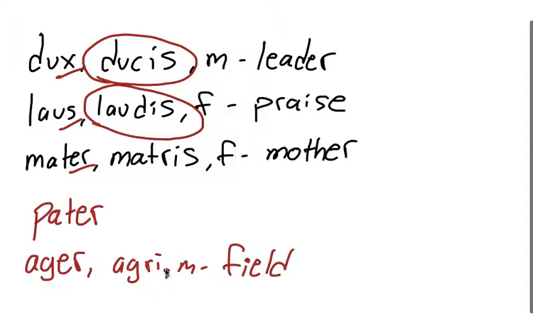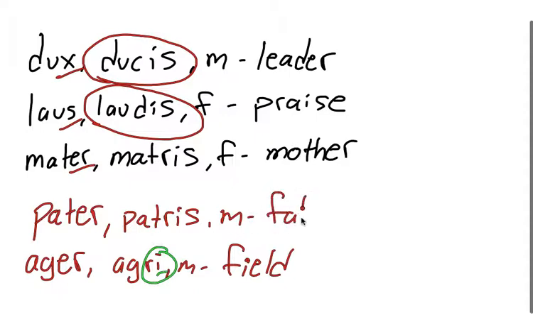And how do you know it's second declension? Well, you know that its genitive singular ends in an I. So that's second declension. But pater is pater, patris, masculine, father. So even though some nouns end in ER, it doesn't necessarily mean they're always going to be the same declension. And so knowing the genitive singular, knowing that the genitive singular of mater is matris is really, really, really ridiculously important. So please make sure that you learn the genitive singular endings.